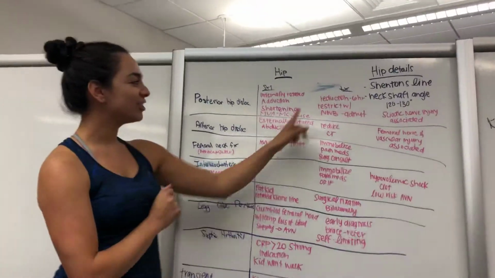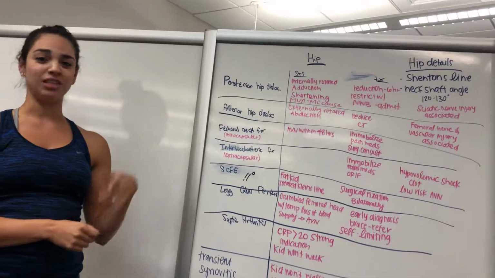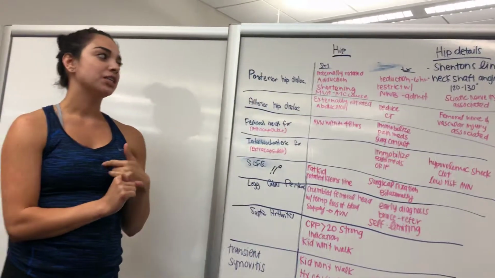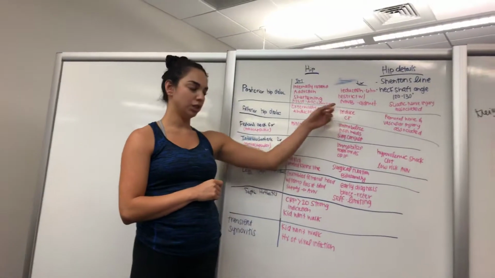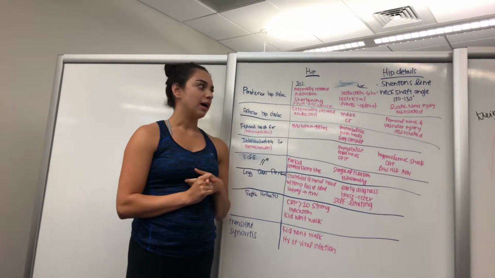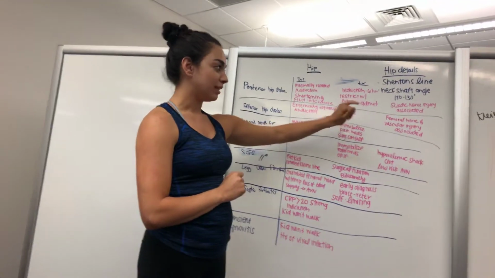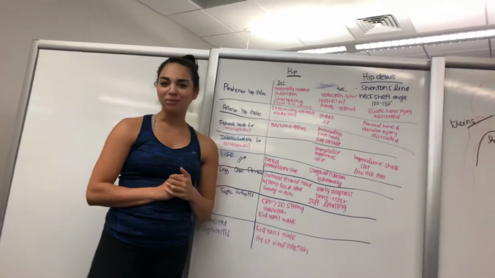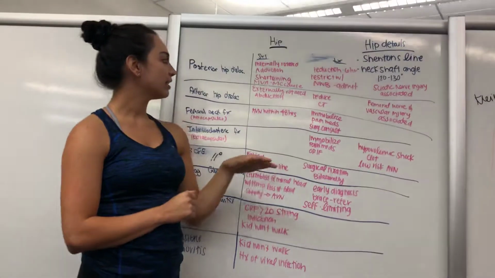As far as treatment, you're going to do a reduction. You want to do this within 6 hours, otherwise you have a risk of AVN. You're also going to have non-weight bearing restrictions, and then you're going to admit them. You can have a sciatic nerve injury.